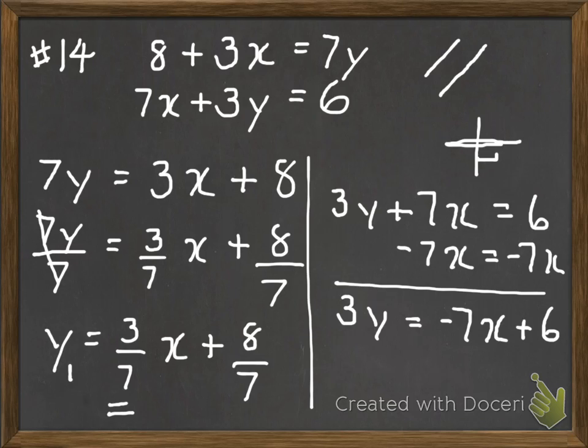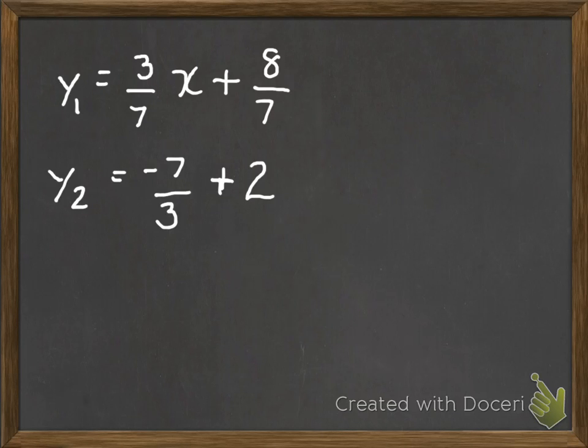So you start to see that it's starting to look like y equals mx plus b form. Final step, I'm going to divide out the 3 on each term, and I'm left with y equals minus 7/3 x plus 6 over 3 is 2. And let's call this y sub 2.